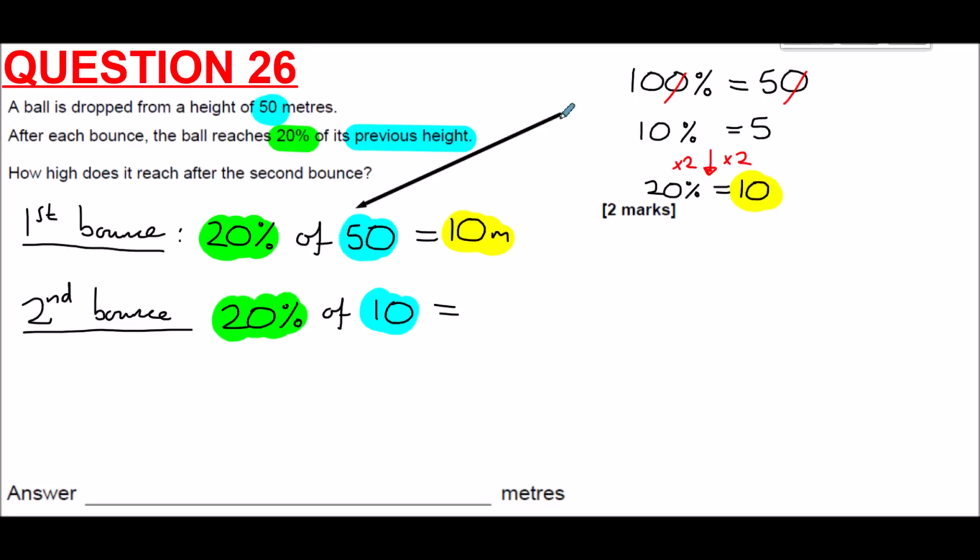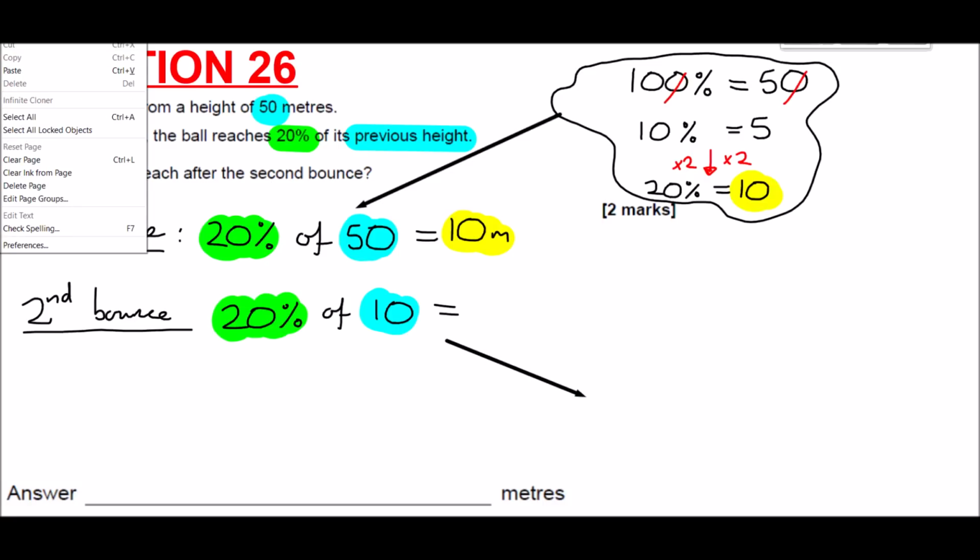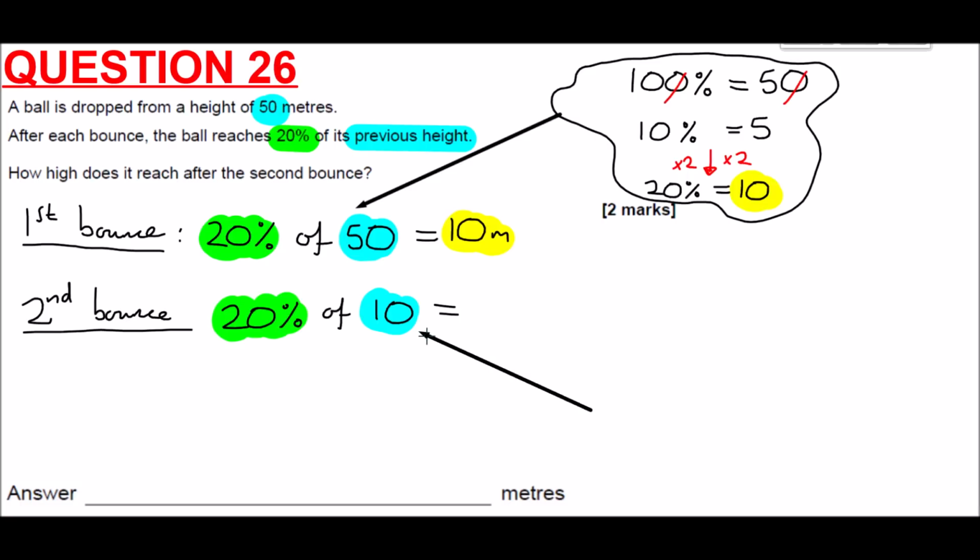So the same as before, we worked out the 20% of 50. Over here, we can just work out the same way. We can work out 20% of 10. So again, 100% of any number is the number itself, as I said before. So 100% of 10, my apologies, is 10. Knock a 0 off. 10% would be 1.